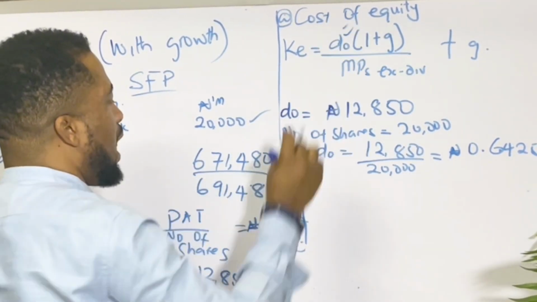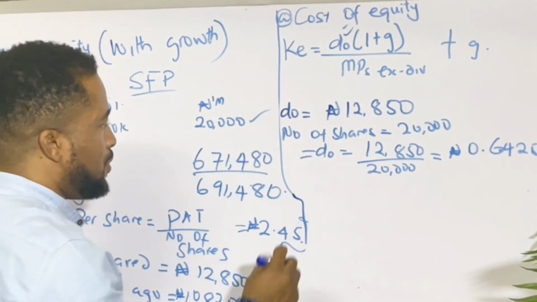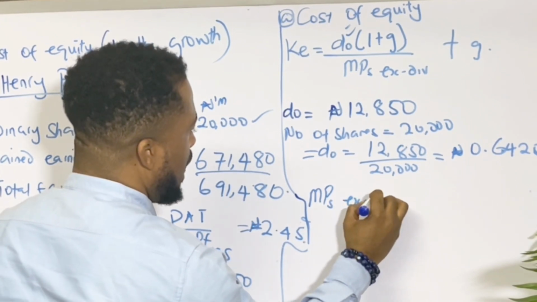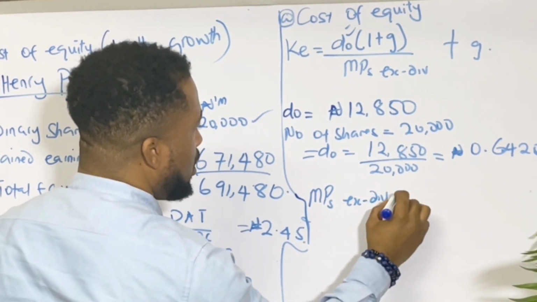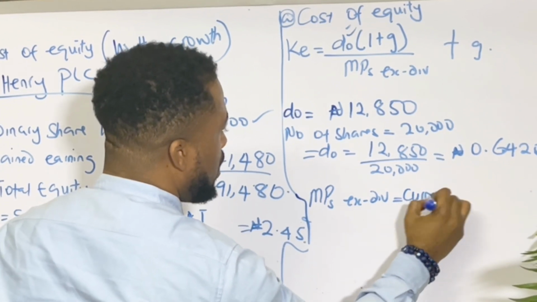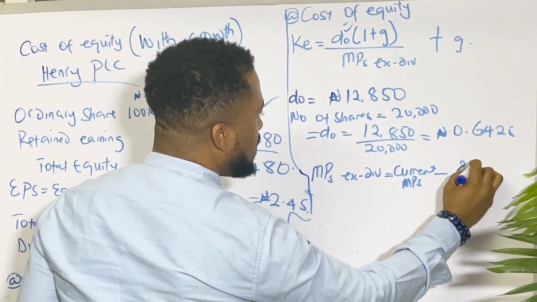Now we have gotten this. The next thing is to get our MPS ex div. So our MPS ex div equals our current MPS minus dividend declared.